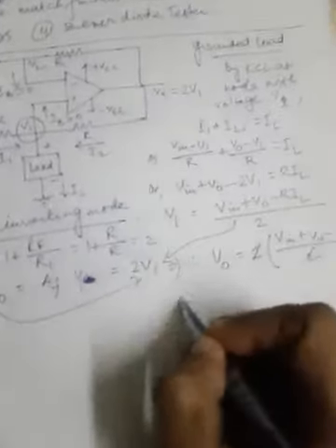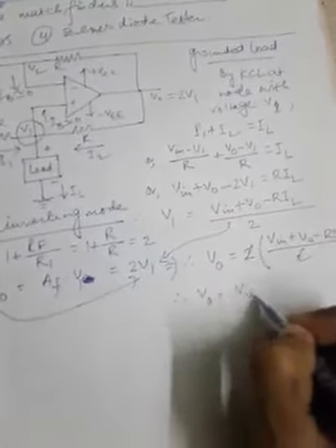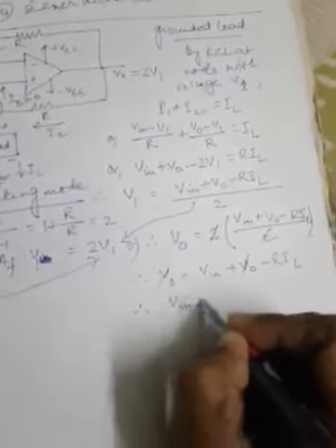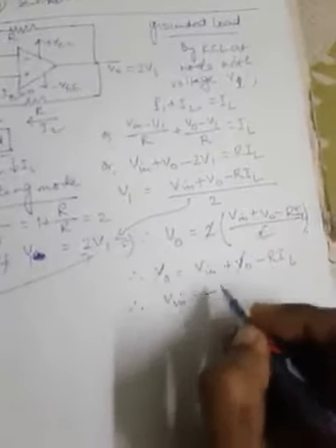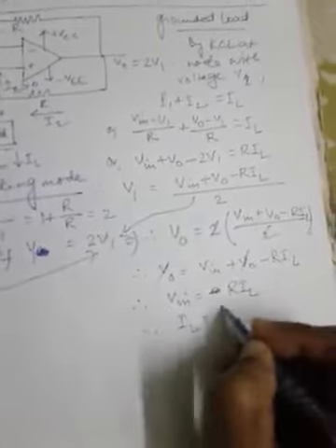The 2 cancels out, so VO is equal to Vin plus VO minus R IL. Here VO cancels out, so minus Vin is equal to minus R IL. Therefore IL is given by Vin by R.